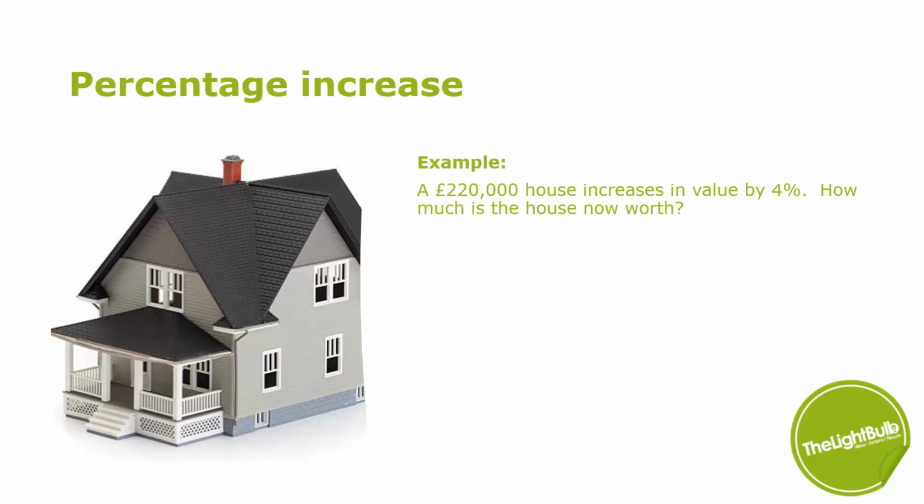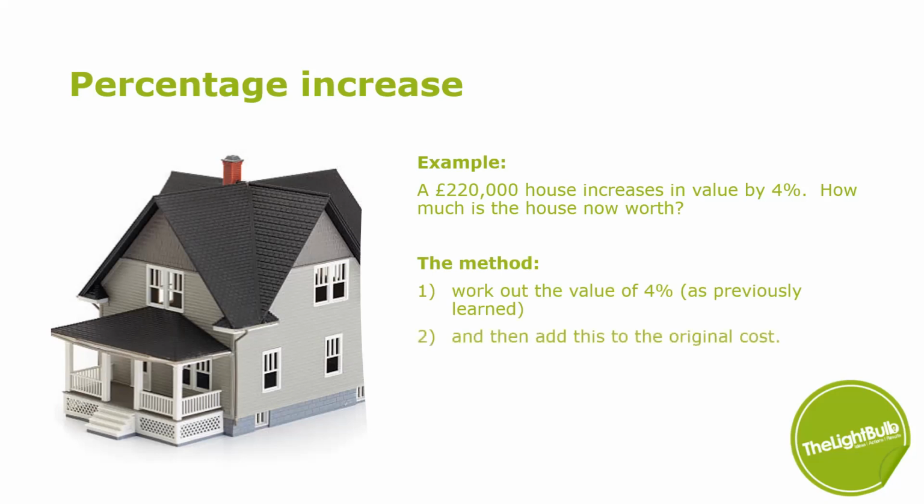Well, what we do, as before, is we need to use the 1% method to work out the value of the 4%. So step 1. And then step 2, this time, because it's a percentage increase, whatever that value is, we add it on to the original amount at the end. So I'm going to give you 20 seconds, see if you can work it out, and then we'll work it through together. Okay, time starts now.